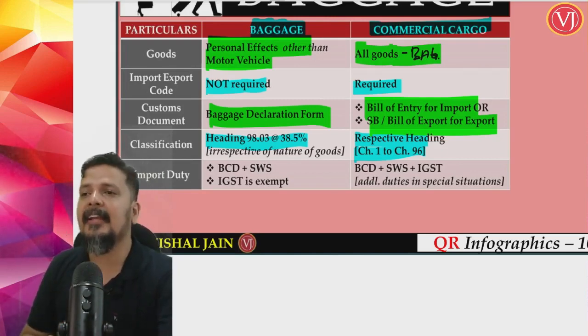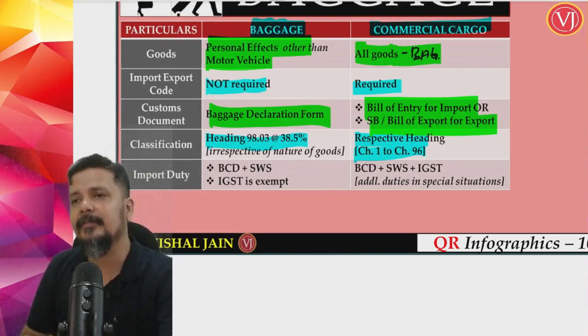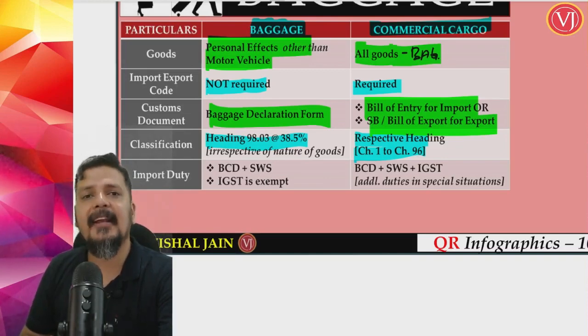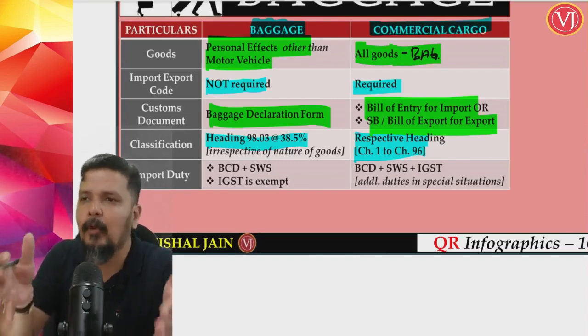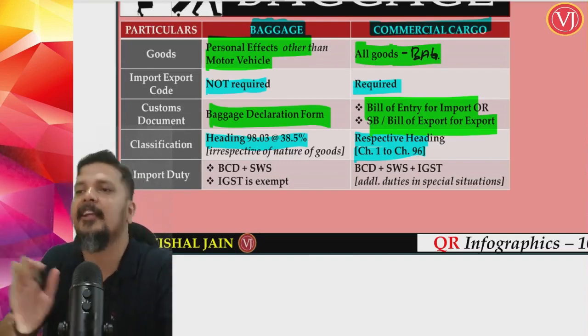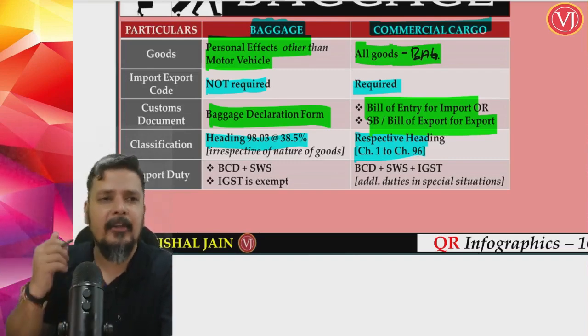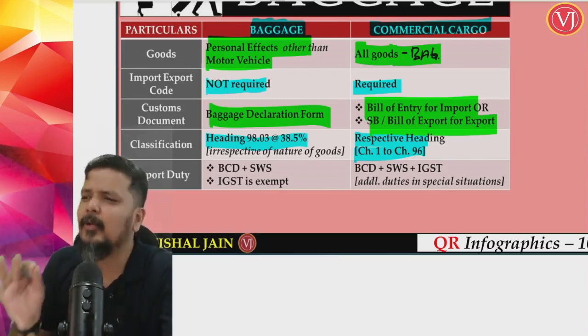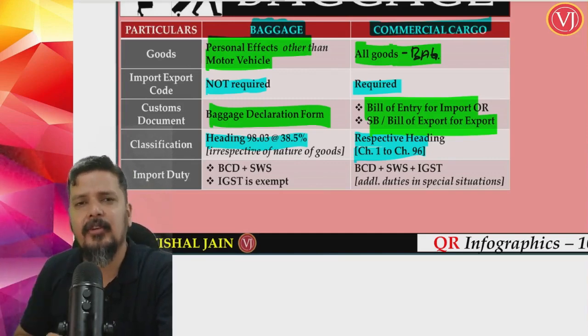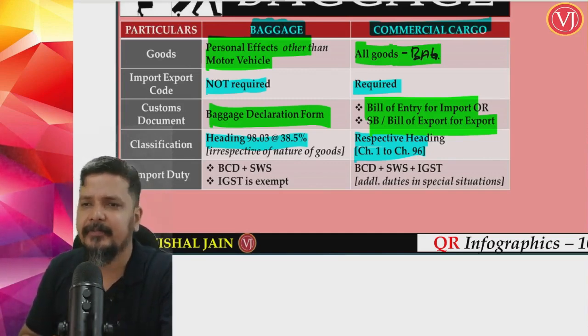Focus on chapter 98, heading 9803. In short, you don't see what exactly the item is. Be it your laptop, your mobile phone, your watch, your new clothes, be it anything, you call it baggage.